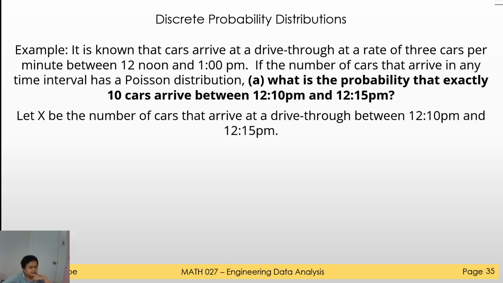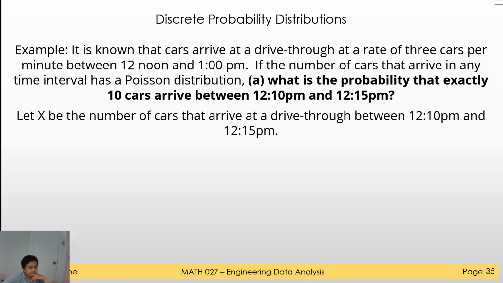We have a rate of 3 cars per minute between 12 and 1 p.m. So we have to know the probability of 10 cars arriving in that interval, and on average, how many cars will arrive in that interval.